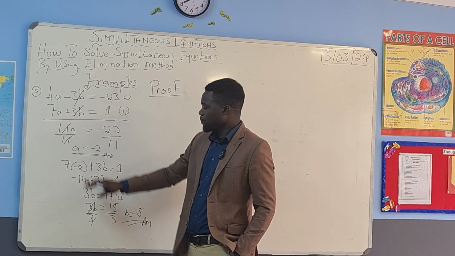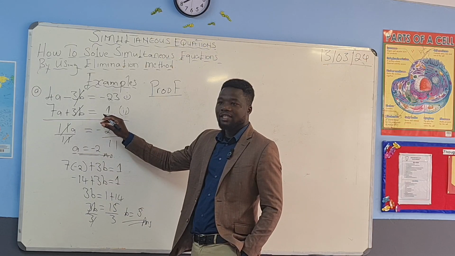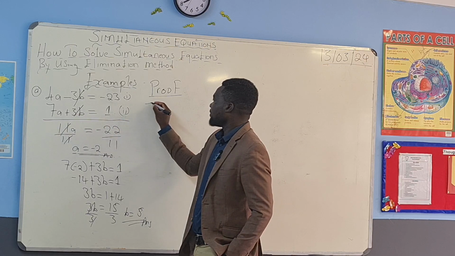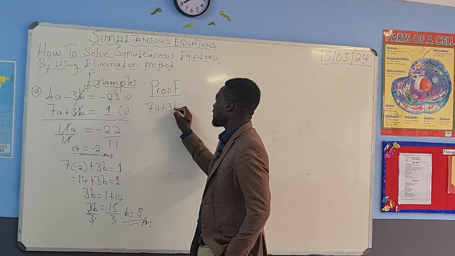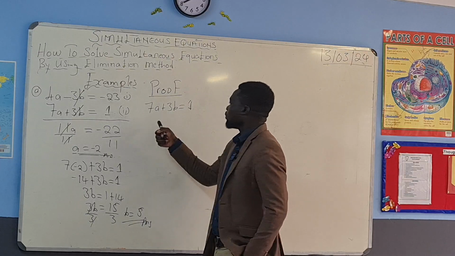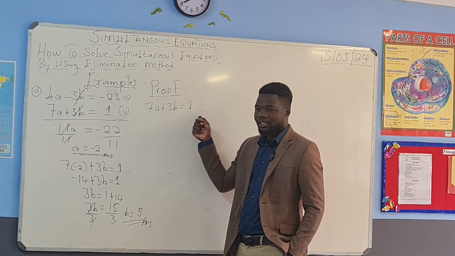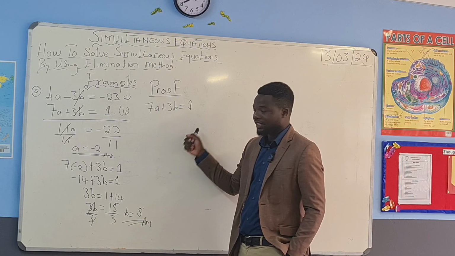Once we substitute in a and b, we must get this number. I'll pick 7a plus 3b is equal to 1. When I put in the values, I must get 1.